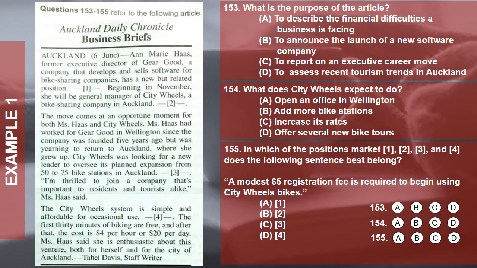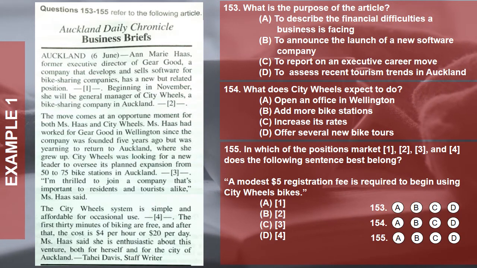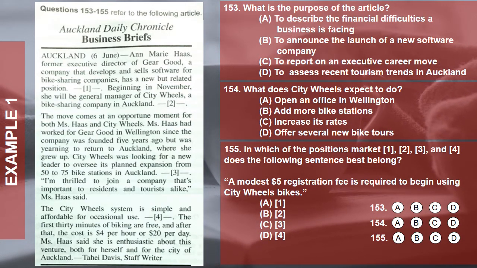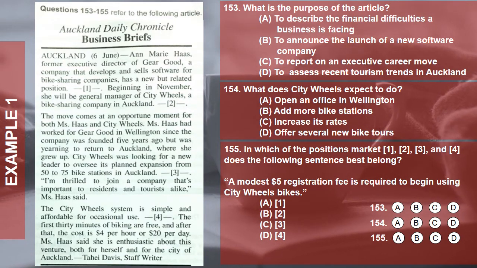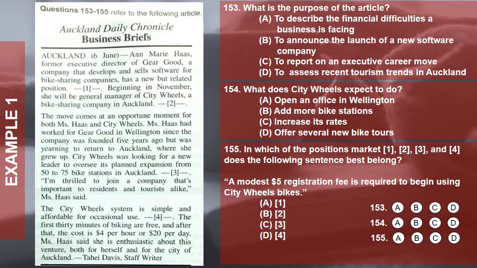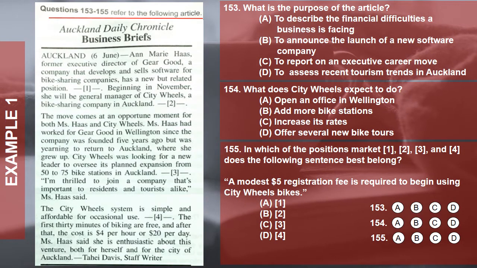Auckland Daily Chronicle Business Briefs. Look at the writing and establish what kind of writing it is. Never forget to read on the top. Questions 153 to 155 refer to the following article. Just by looking at this, you exactly know it's an article.